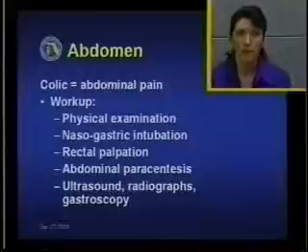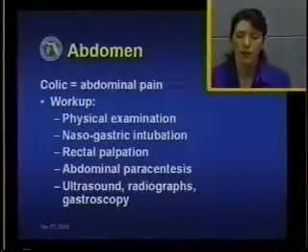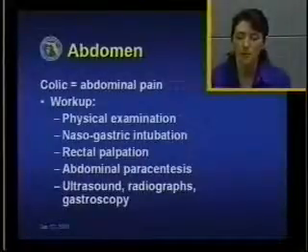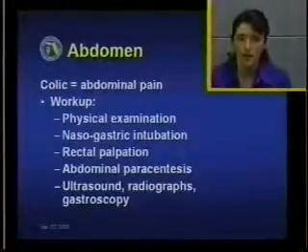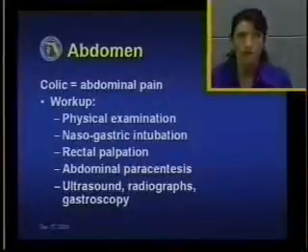Evaluation of the abdomen and abdominal disease, as I mentioned earlier, a very common occurrence in horses is colic. Basically, in equine practice, this will be one of the diseases that you will treat most commonly. So, as I mentioned earlier, colic is most of the time due to dysfunction of the intestinal tract.